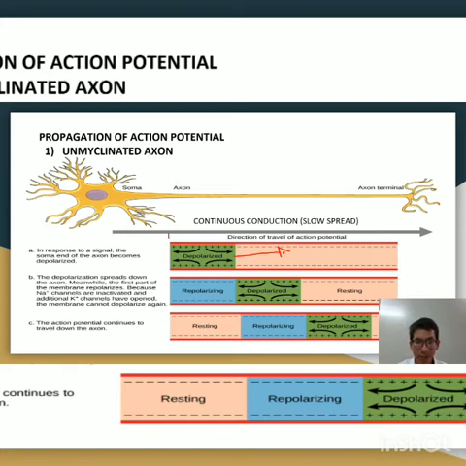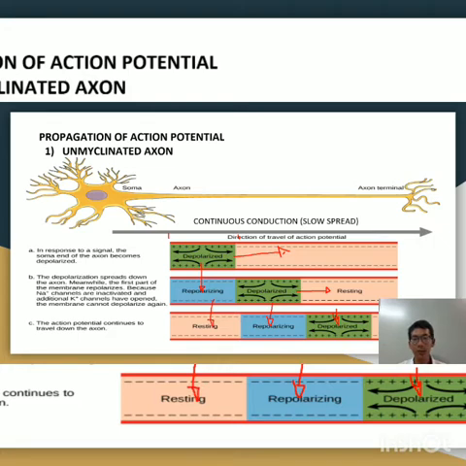At this area there will be repolarization, which means the potassium ions move outside the axon. Then it keeps moving on and goes to the resting state. The depolarized area becomes repolarized, and after this it goes to the resting state.